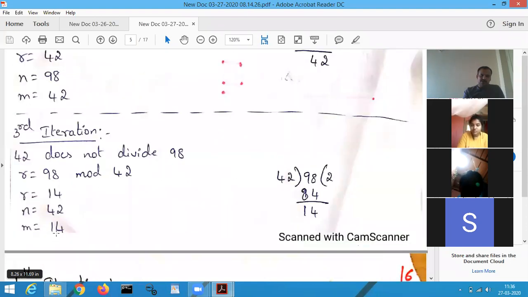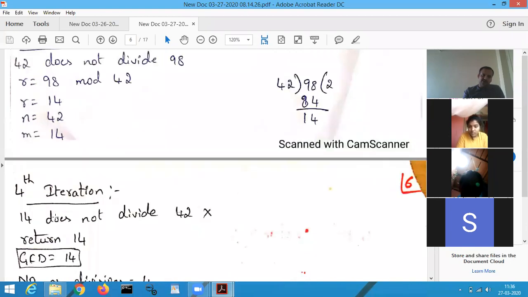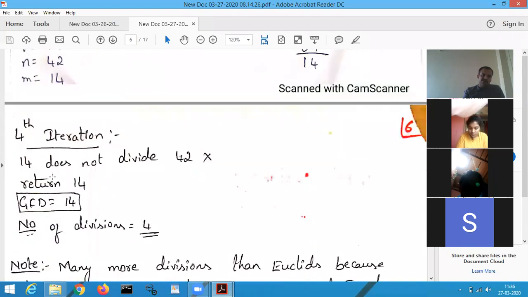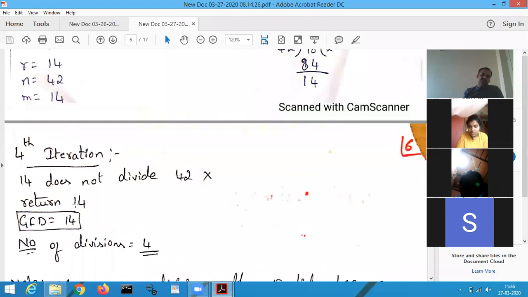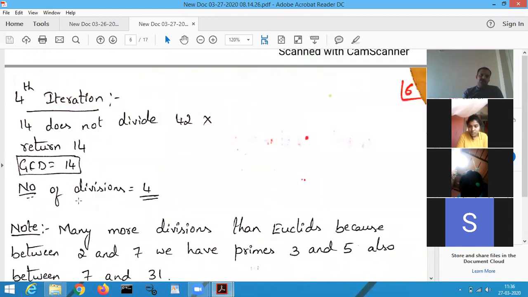In the third iteration m is 14, n is equal to 42. That means even though the number is larger, Euclid's algorithm reduces it into smaller numbers. Finally, it is going to return the GCD as what? 14. That's why you can say that Euclid's algorithm is fast compared to the school level algorithm.